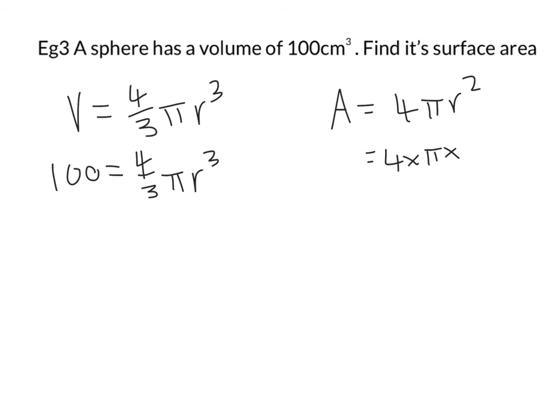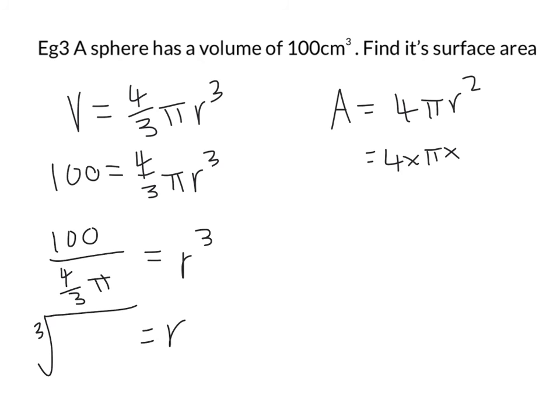So r cubed, when it's multiplied by 4/3 pi, you get 100. So if you divide both sides, it might look a bit funny, but if you divide both sides by 4/3 pi, that would be what r cubed is equal to. And then r is the cube root. So when you get your calculator, make sure there's a 3.